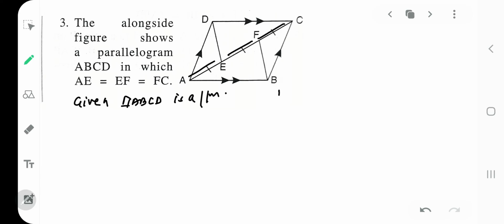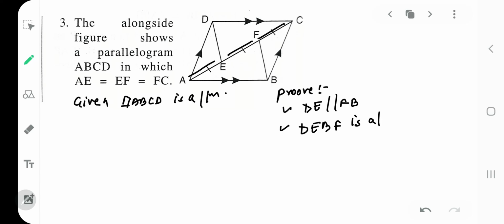What we have to prove, I'll write it here: you have to prove DE is parallel to FB, and that DEBF is a parallelogram. I have joined DF and EB, so in your construction you can write: join BE and DF.